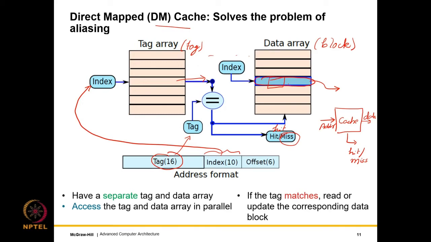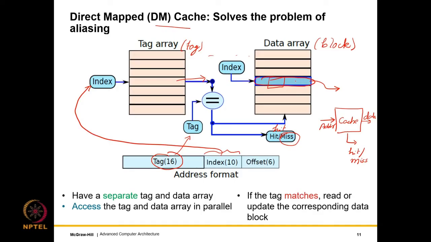So we will of course select those 4 or 8 bytes and write to them. Often, just to improve performance, we access the tag array and the data array in parallel. Basically we access these arrays in parallel because, as we have seen, we often do extra work in the interest of performance, even though some of that work might get discarded. So in this case we access this entry of the tag array and this entry of the data array in parallel, and we read both of them.